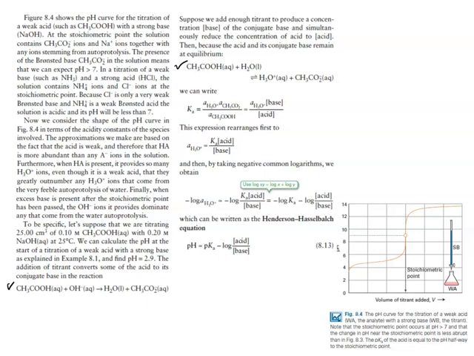So with this in place, we can rearrange and write the following expression for the Henderson-Hasselbalch equation, where pH equals the pKa minus the log of the concentration of our acid over the concentration of our conjugate base.